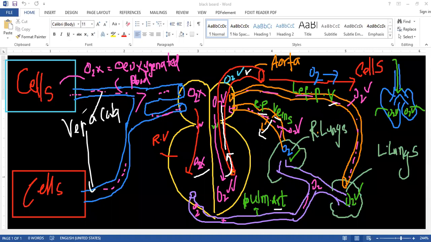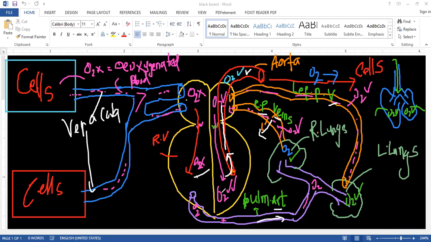From the superior vena cava, the deoxygenated blood comes towards the right atrium, then goes to the right ventricle, then to the pulmonary arteries, that is deoxygenated blood. Then it goes to both lungs, taking the oxygen, and bringing that oxygen through the left pulmonary veins and the right pulmonary veins, and opens to the left atrium.